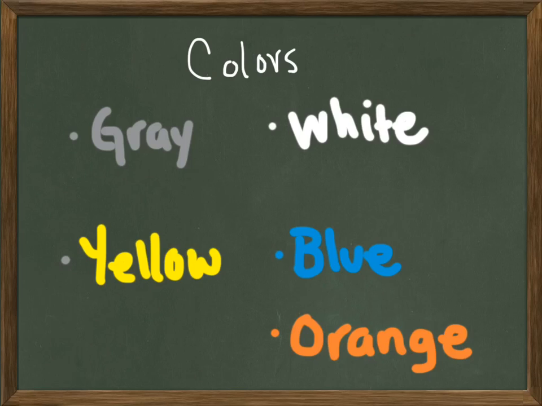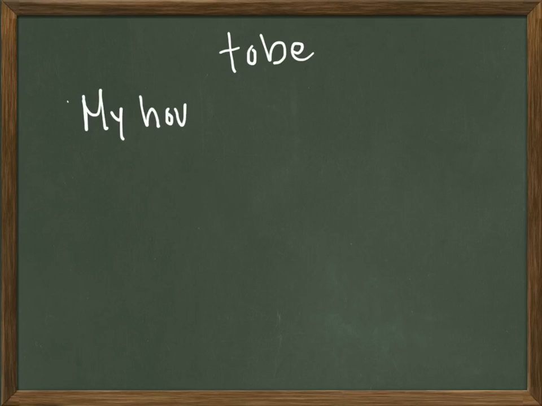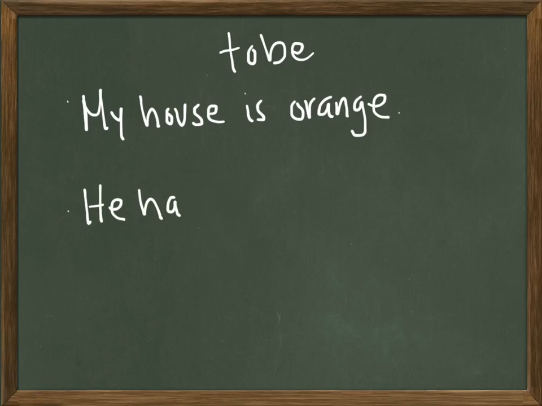But what we can explain is how we use them in a sentence or in grammar. For example, if we want to use a color, we will be using the verb to be. Example, my house is orange. Another one, her hair is black. Let's give an example in plural.